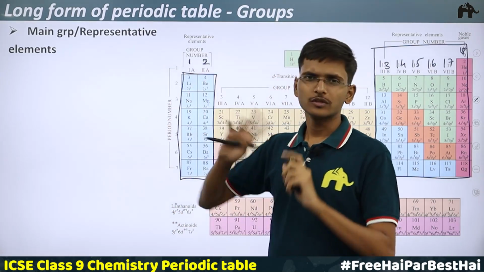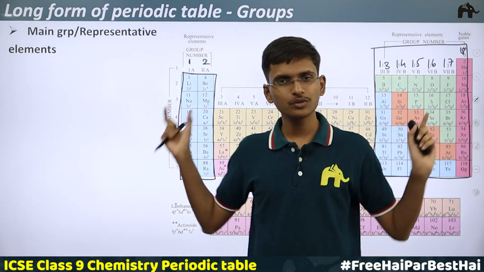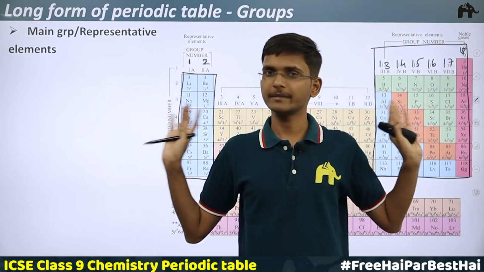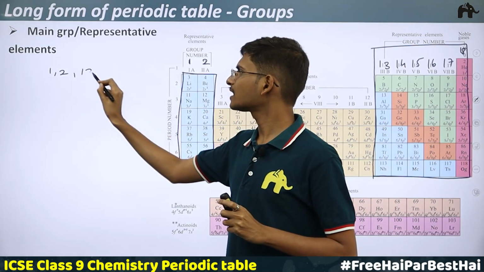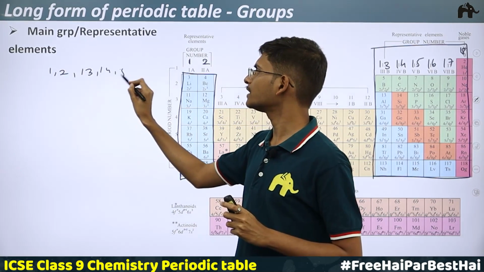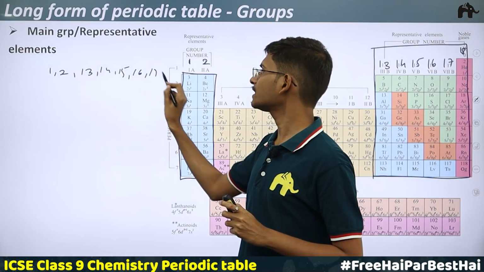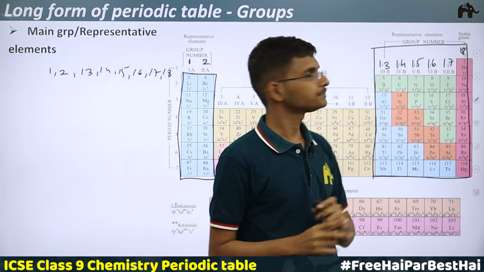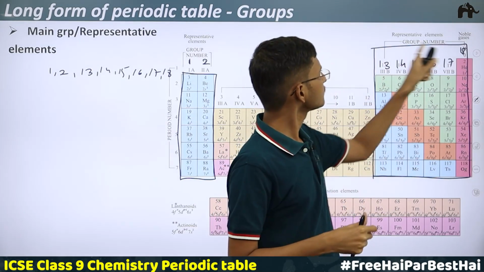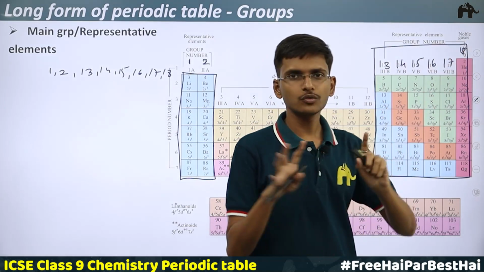This is just the name given to this group of elements. So you have to remember groups 1, 2, and then 13, 14, 15, 16, 17 and 18. Clear? Very much clear to you.